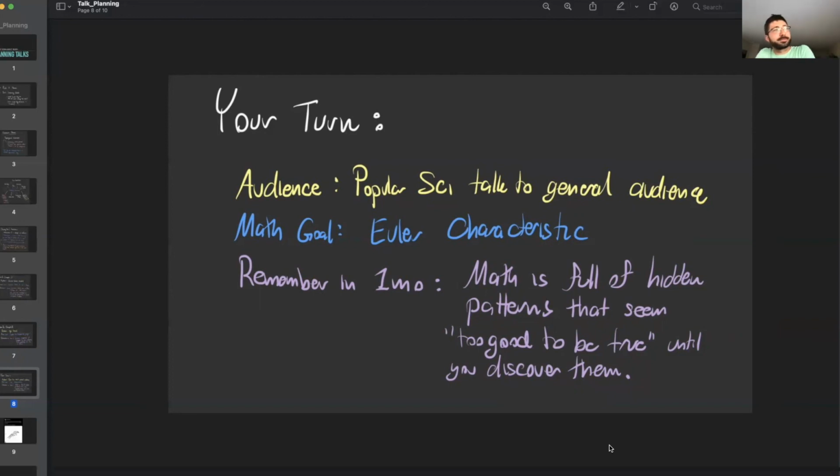So if you want to try this exercise, I encourage you to pause the video for a second or for a while and think about what you would do in this direction. I'm not going to lay out a whole plan of what I've done in a situation like this, but the reason I'm asking you to pause now is I do want to share one really, really cool idea in this direction that I learned from Alex Kontorovich on Twitter.